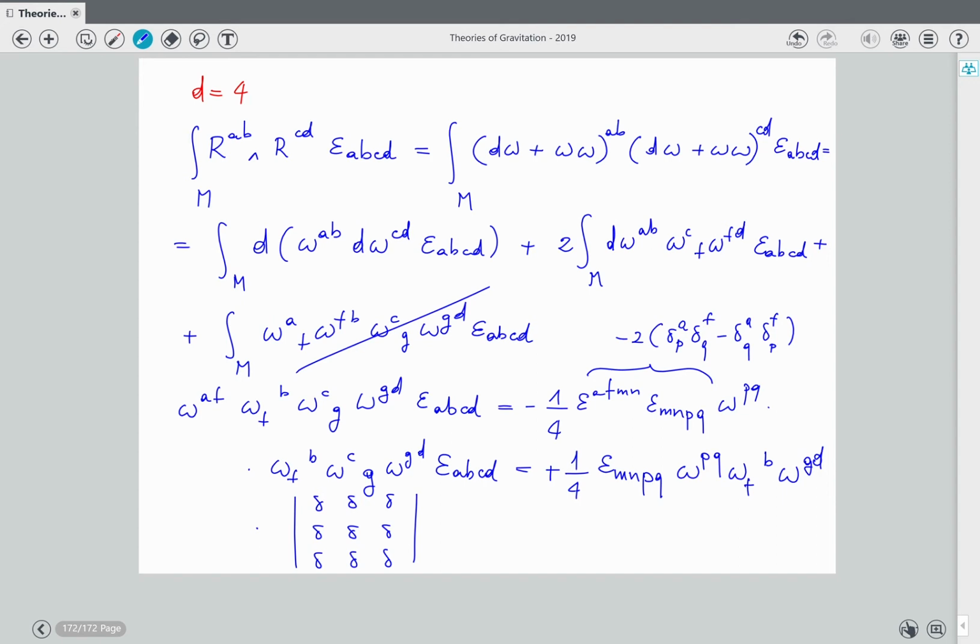And then you have delta, so you are contracting A, B, C, D, A, F, M, N.